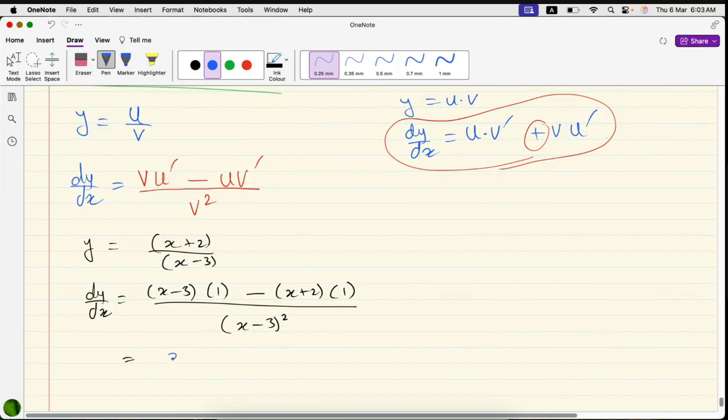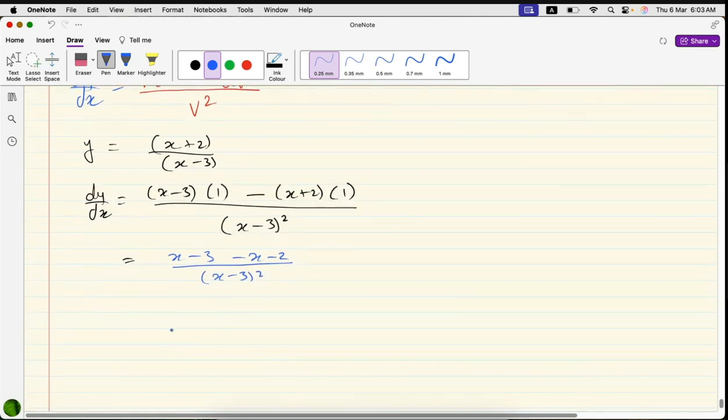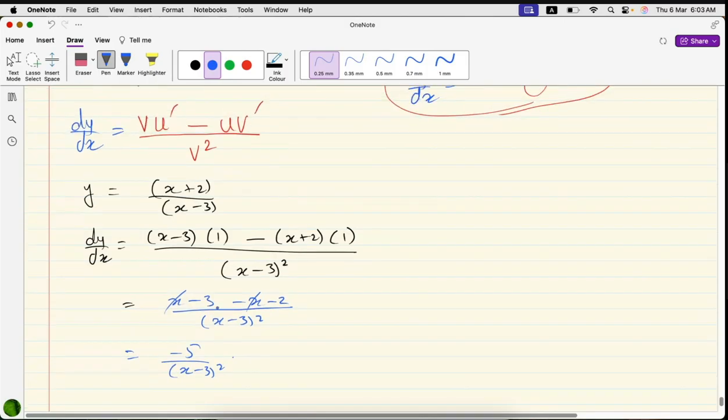So this is x minus 3 minus x minus 2 over x minus 3 square. Simplifying it further, x cancels out, minus 5 over x minus 3 squared. Any confusion?